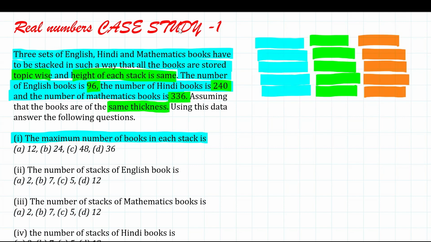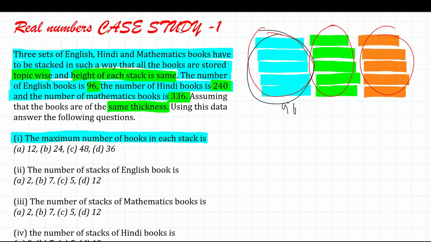So whatever is this number will be the same for each stack. Let's say, for example, I take the first book, mathematics. Here I'm not talking about the number of books in a stack. Here I'm talking about the total number of books, which is 96, 240, and 336.